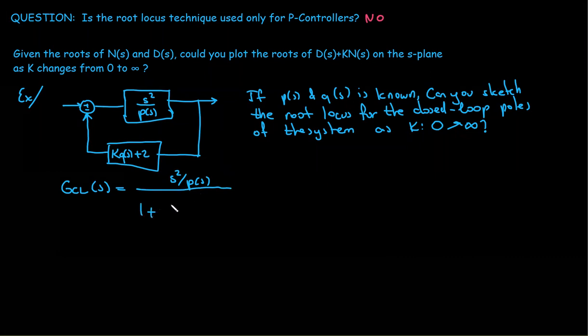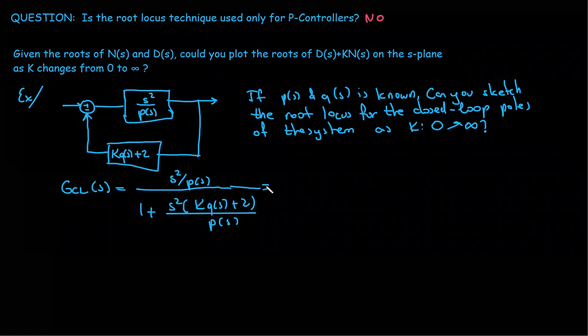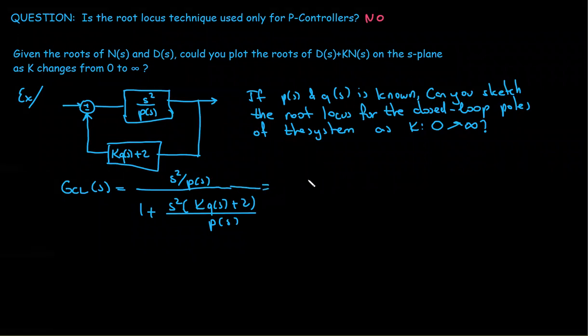So it will be s squared over p of s divided by 1 plus s squared over p of s times k times q of s plus 2. If you multiply numerator and denominator by p of s, you will have simply s squared divided by p of s plus s squared k q of s plus 2 s squared.